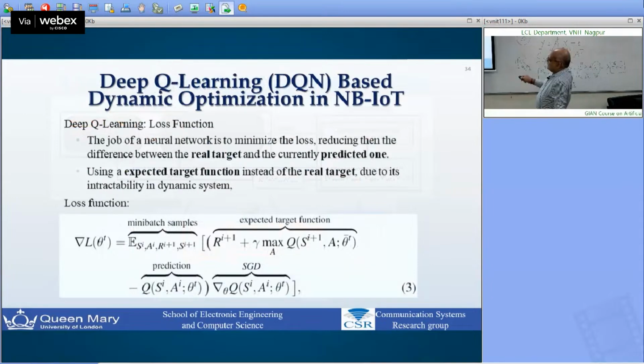So this is the expected target, and this is the predicted one. Here is the loss function, and this is the stochastic gradient of the loss function. In this way, deep Q-learning trains the weights.